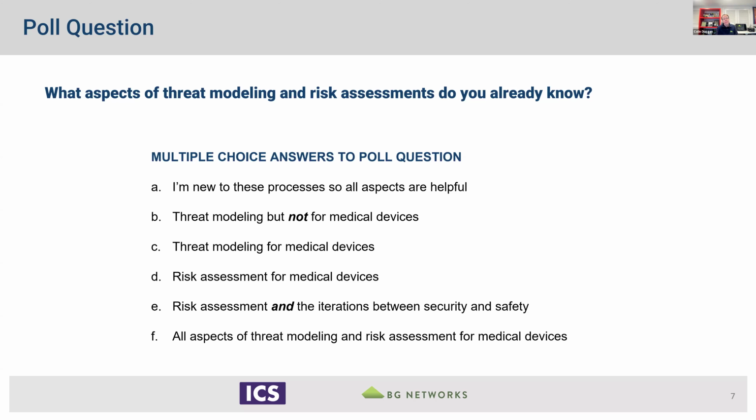The threats that are modeled need to be assessed for risk. So they're very connected. And I found over the years that the terminology is used interchangeably. But really, the way I think about it is the threat modeling is the front end and the risk assessment is the back end. And at the end of the day, the results of the risk assessment are going to indicate what you need to do in terms of security.